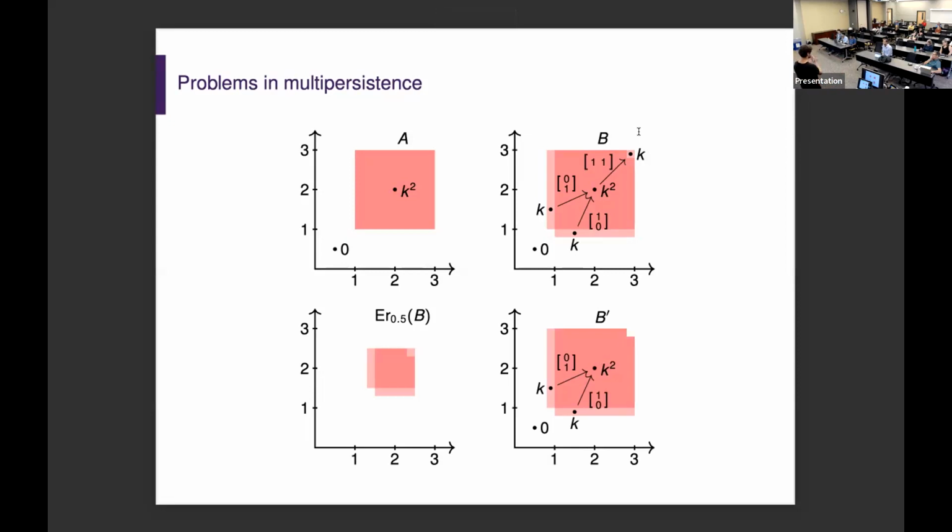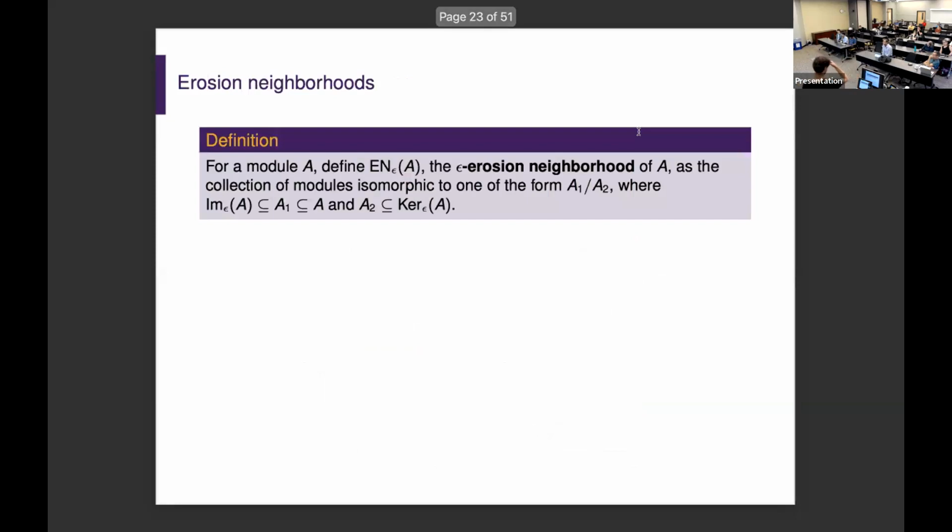And this B prime decomposes into 2 indecomposables. And now we have a good matching between A and B. They both have 2 elements of the barcode, and they're both similar. So this selective erosion is, for now, it seems like a good idea, and it's a good enough idea that I want to write it down as a definition.